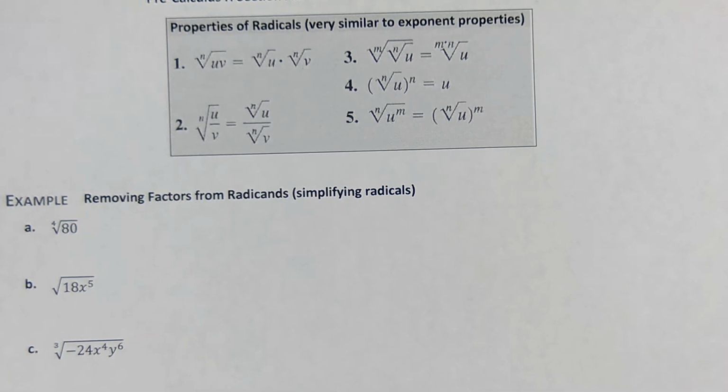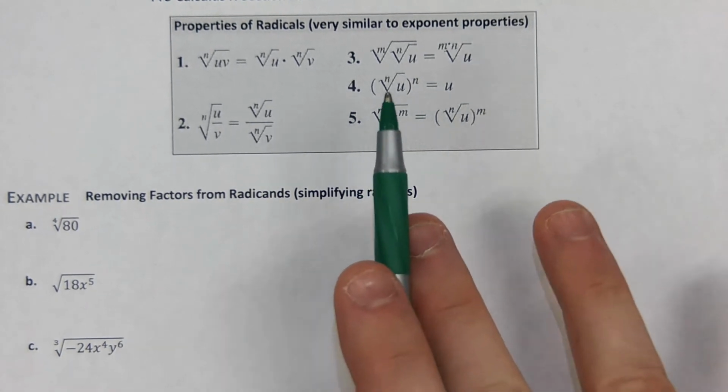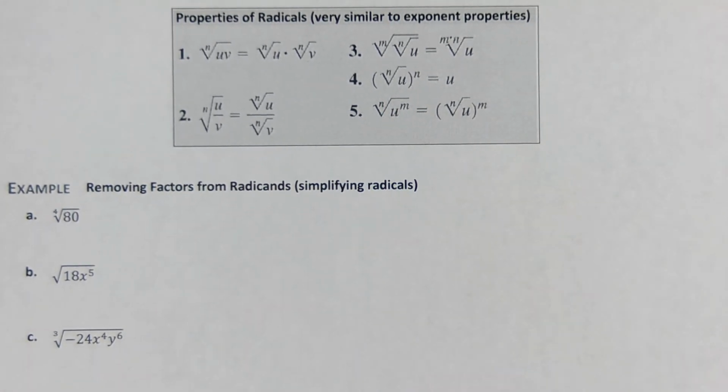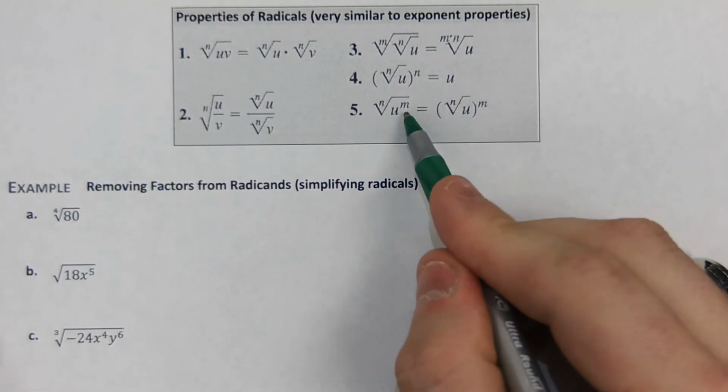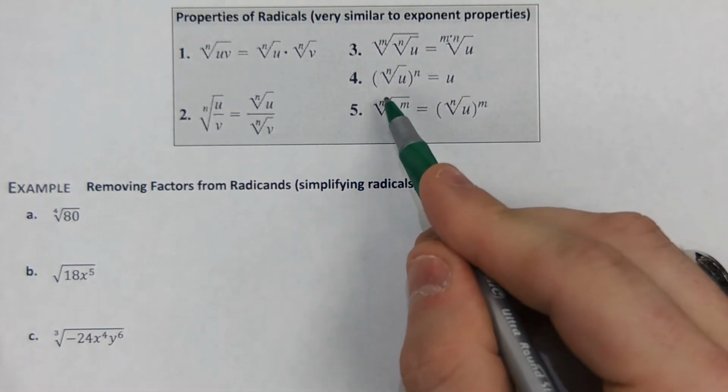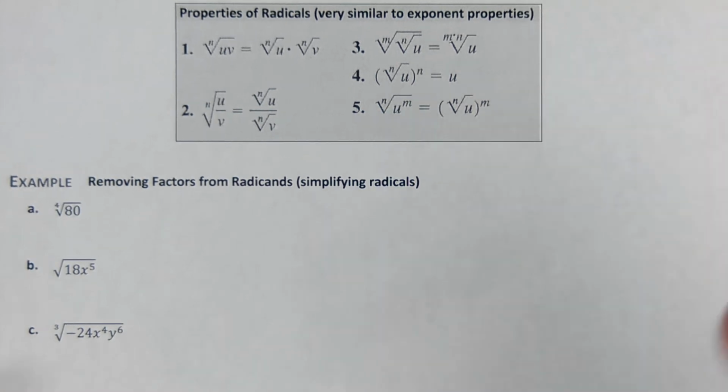Okay. And then this one I love. Rule 5 is basically saying the order of multiplication does not matter. I know that's not what it looks like, but that's what it says. Because remember, a root type is an exponent. So here what I have is an exponent with an exponent. Well, when we reviewed our exponent rules way back in, was it P1, I think we did that, the very first lesson of the year.